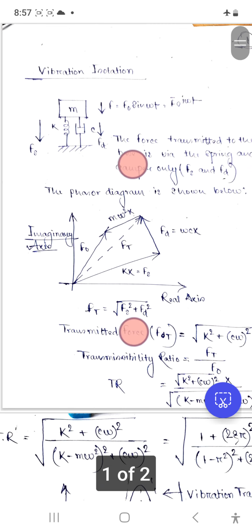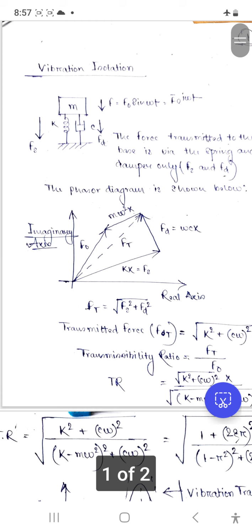Now in the phasor diagram, initially that will be the spring force, and I have assumed that X is the amplitude of the displacement, which is the solution we have assumed. Suppose we assume capital X sine omega t, or capital X e to the power i omega t.